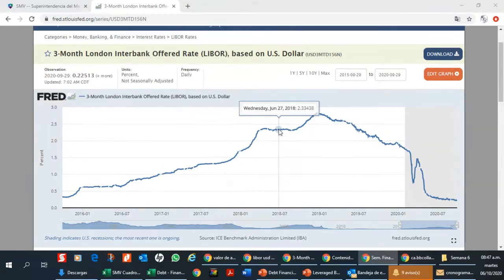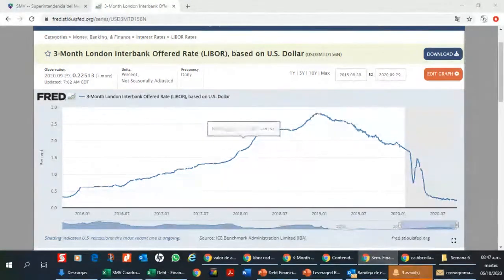And who would imagine these guys decided to collude and try to manipulate the numbers? So figure out that this is the offer rate. It's not the rate that they actually traded. They just give the information to each other about how much they're going to charge.